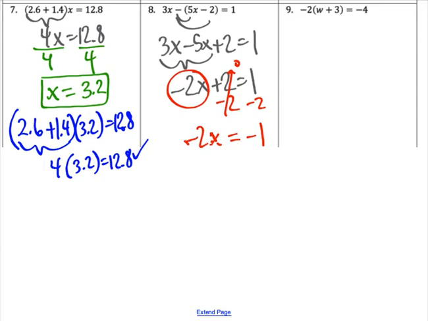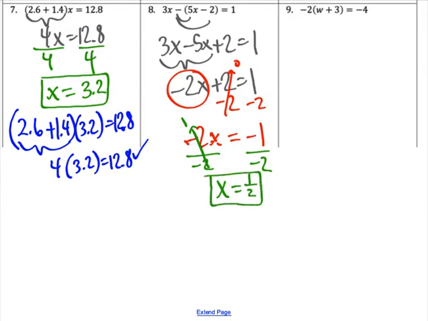Next, we need to make the coefficient of the variable term equal to 1. We divide by negative 2. This becomes 1x equals negative 1 divided by negative 2 is, well, negative divided by negative is positive. x equals 1/2.